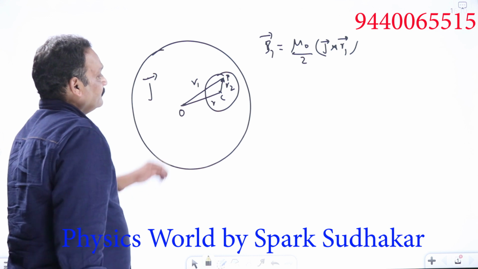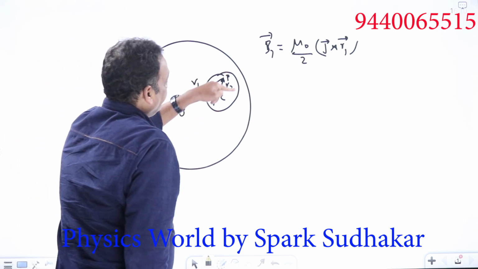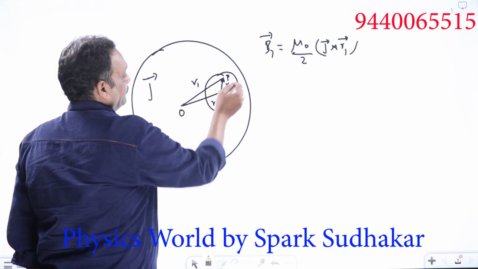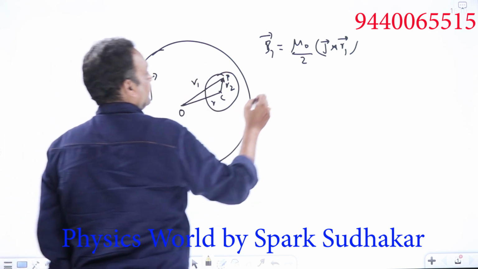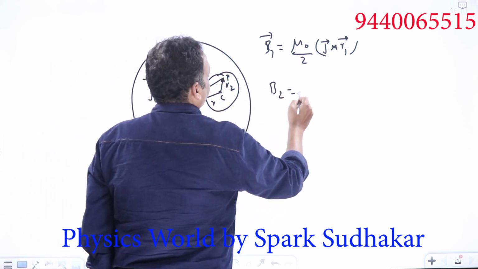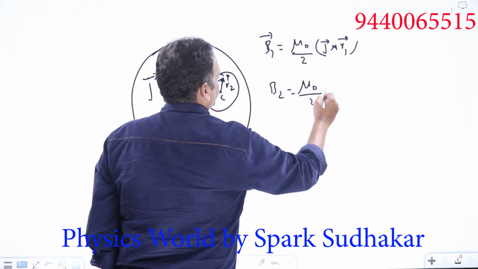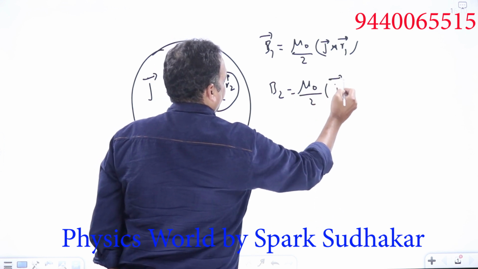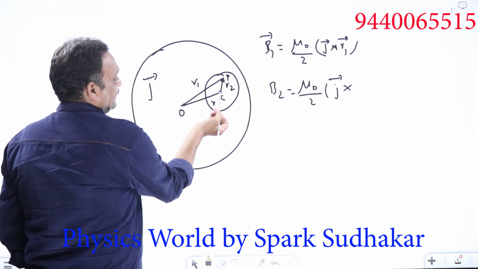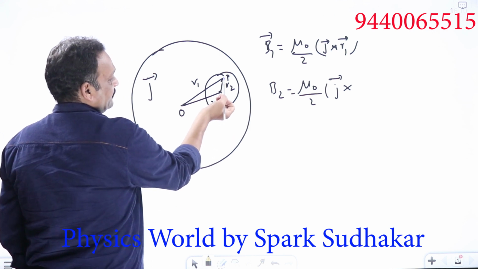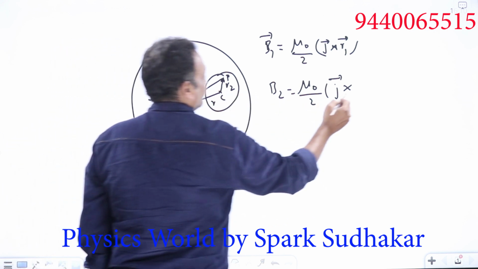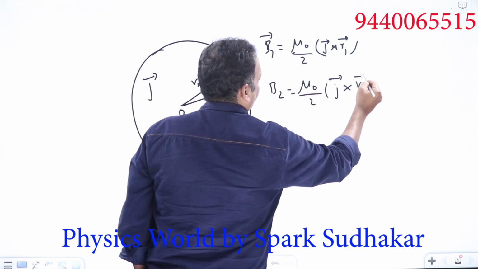Now if only this segment is there, what will be the magnetic field due to the current of this segment? It is B2 equals mu naught by 2 into the same current density J bar cross R2 bar, the position vector of point P from center C.